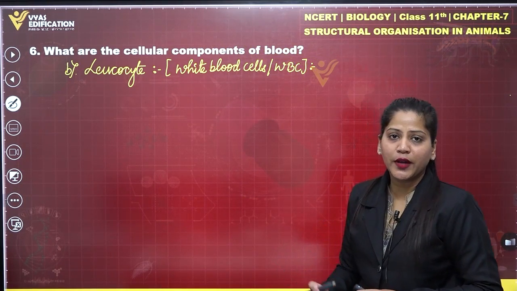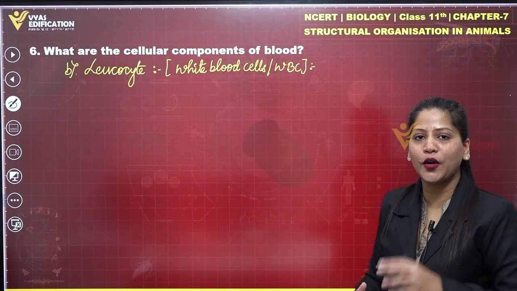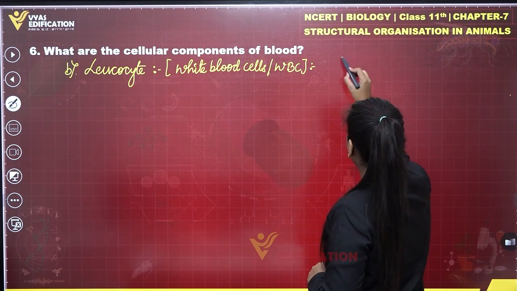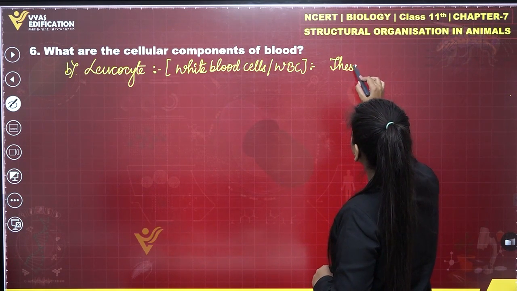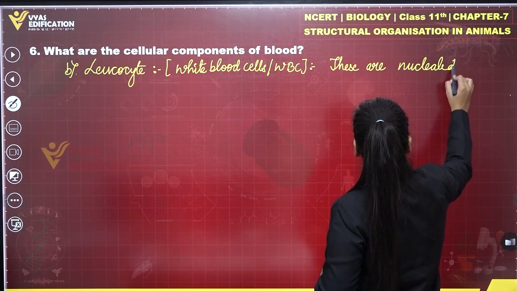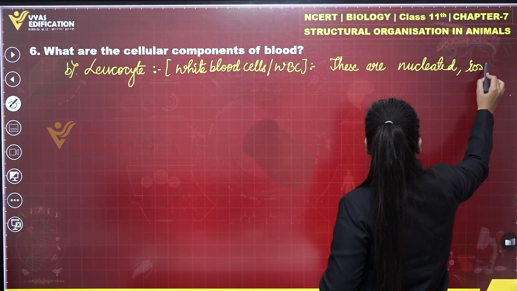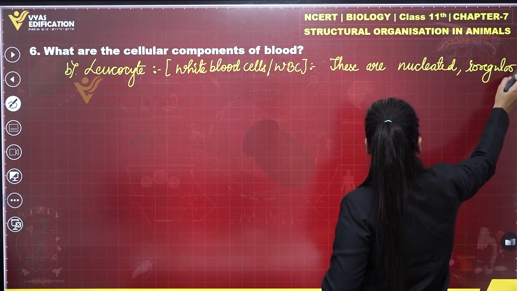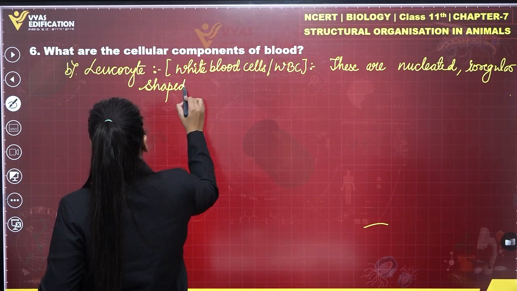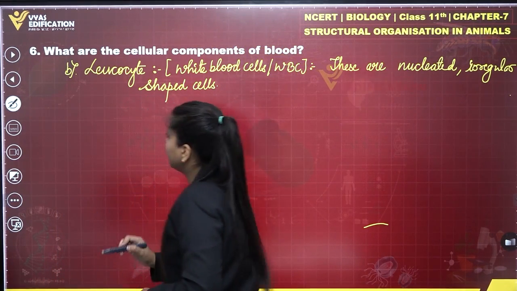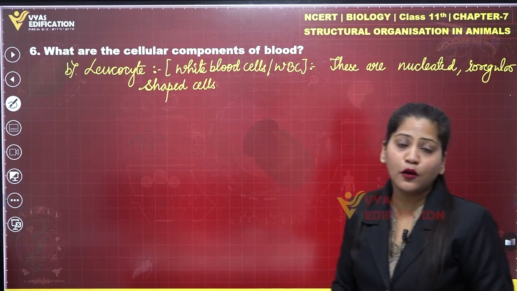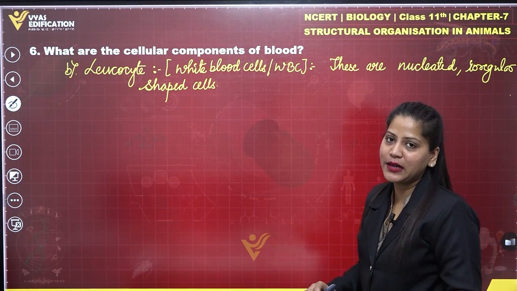They are nucleated, that means a nucleus is present in them. So we'll write like this, these are nucleated irregular shaped cells, right? Leukocytes are irregular in shape, there is no fixed shape in them, and they have a nucleus in them. So they are nucleated cells.